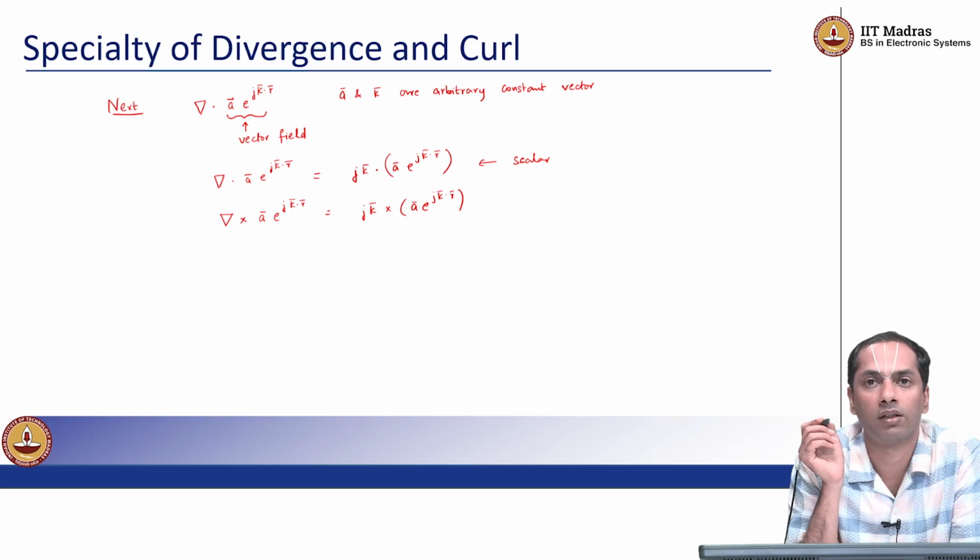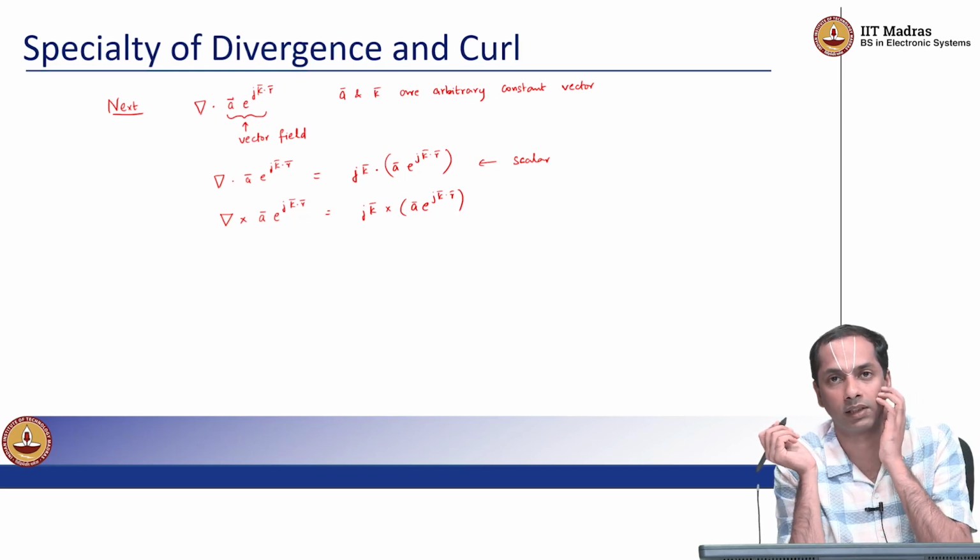So the del dot and the del cross, these operators, when operating on this vector field a e to the jk dot r, is essentially giving us jk dot the vector field itself, or jk cross the vector field itself, right.